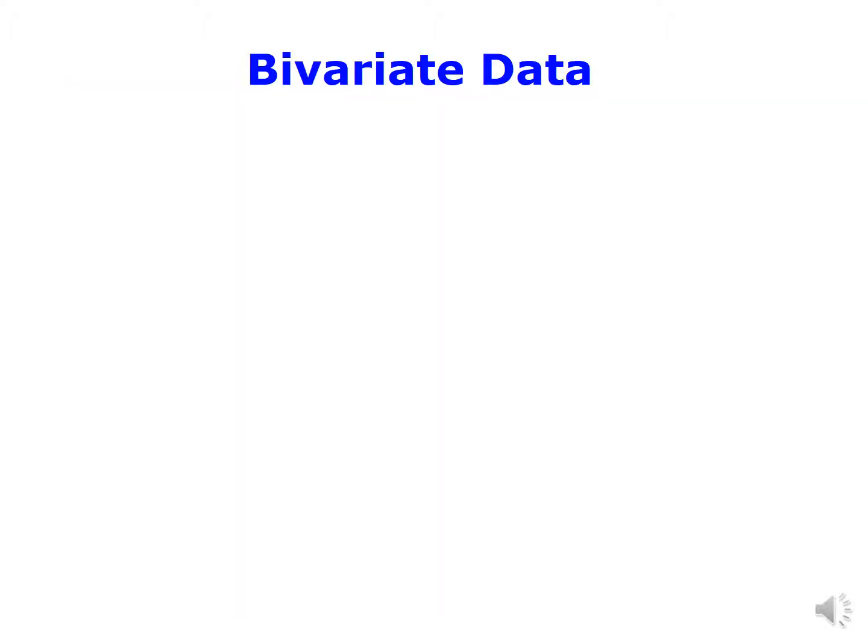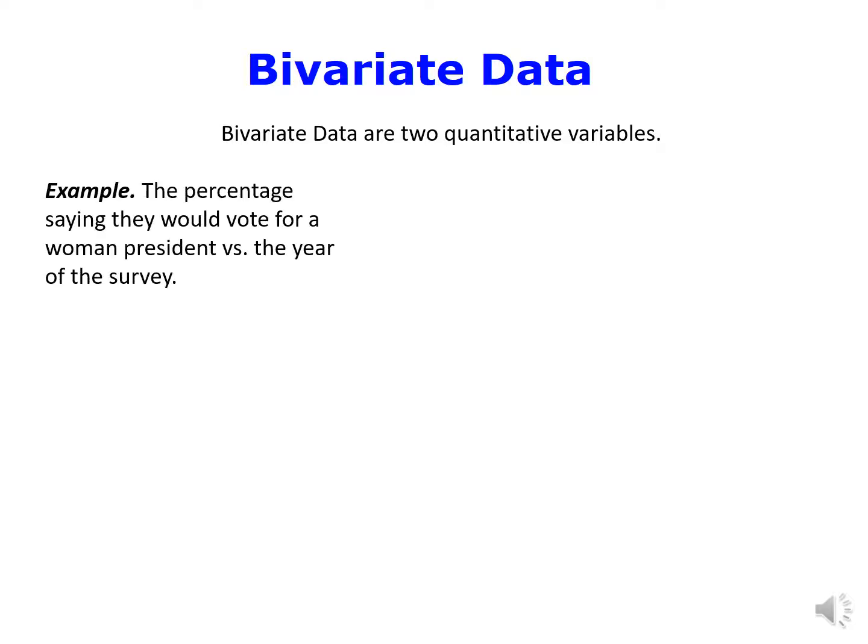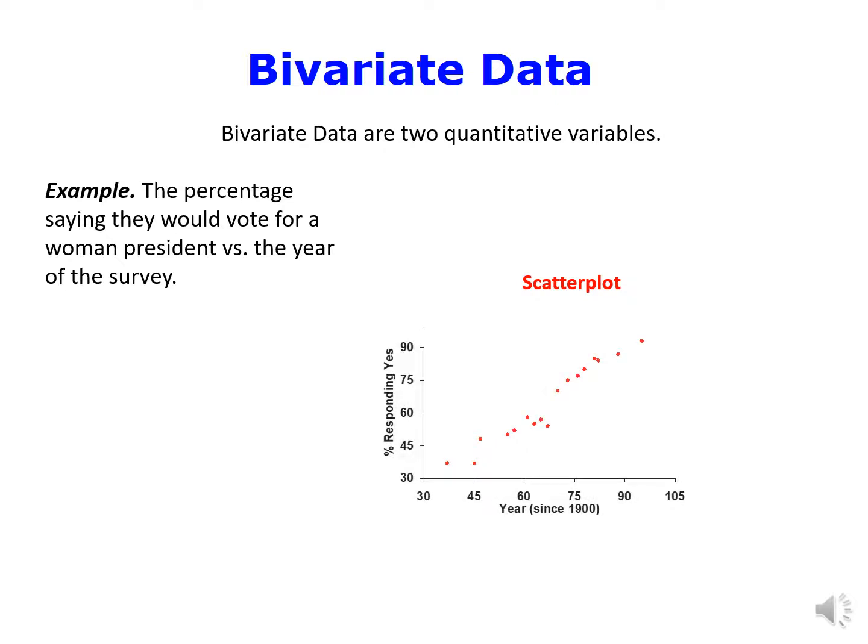So bivariate data is when we're looking at two quantitative variables. For example, here we have a scatter plot. The x-axis represents years since 1900, so careful here, this really means 1930 and 1945 and so on.